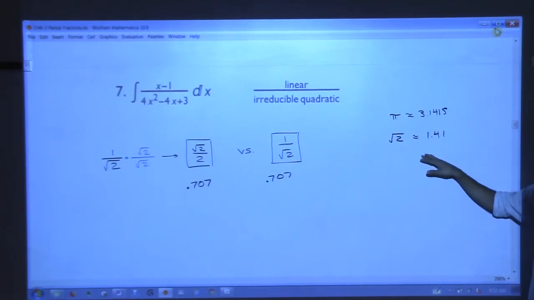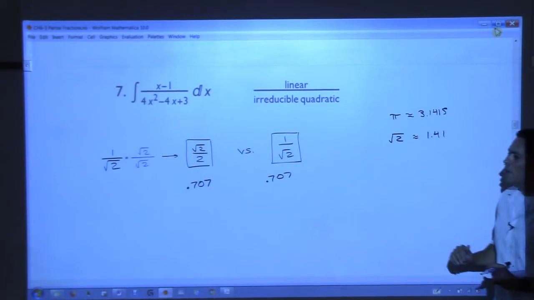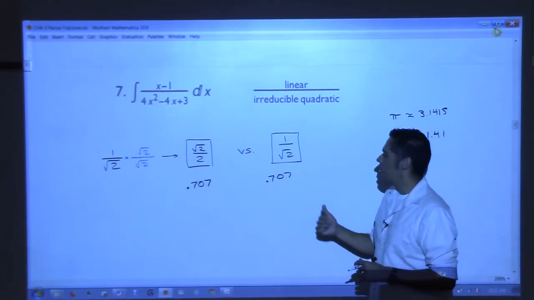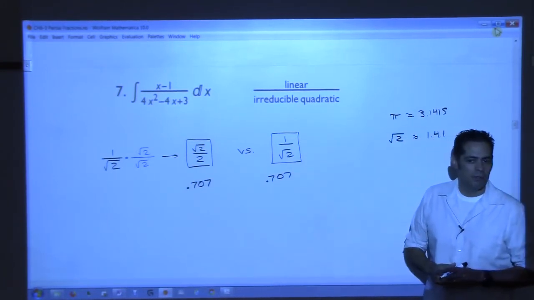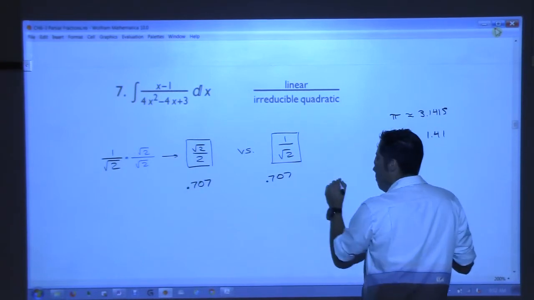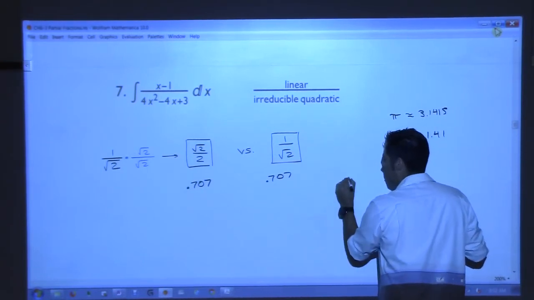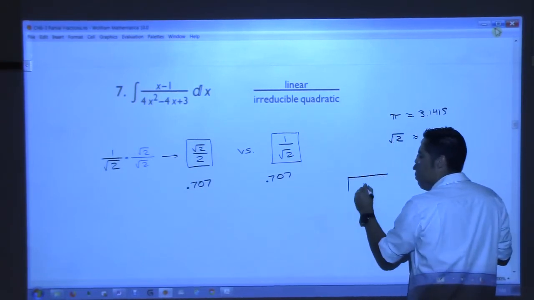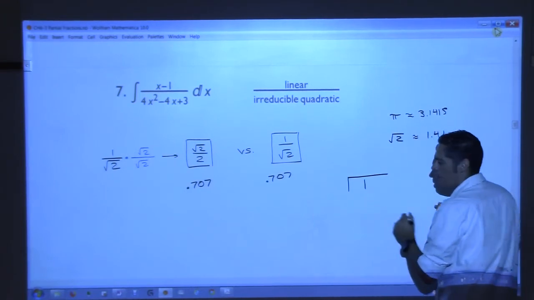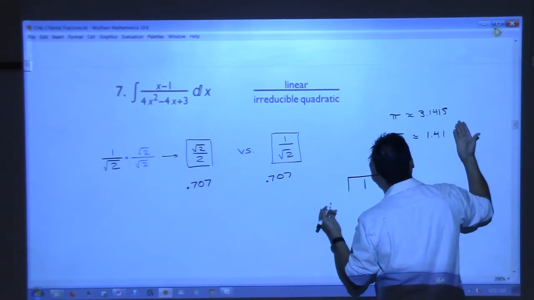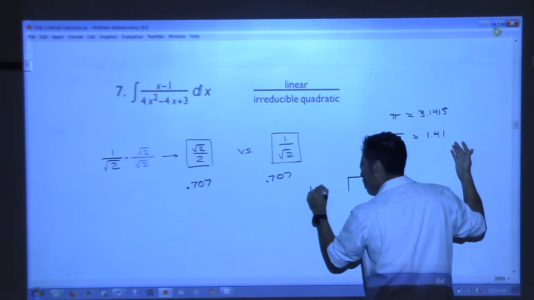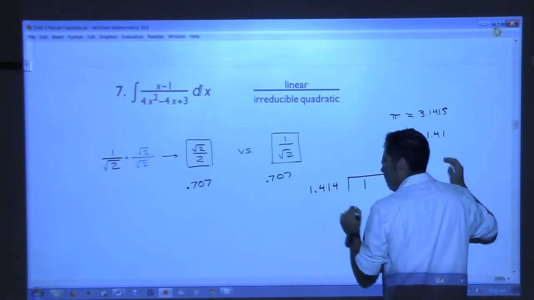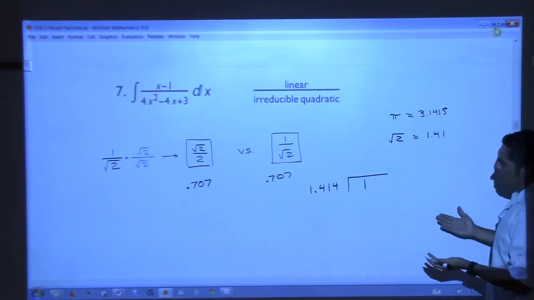Now, you're one of these people without a calculator, and you've got to compute 1 divided by root 2. We have to do it by hand. So we put 1 in the division box, and then we put root 2 out here, which we'd have to have memorized. That's about 1.414. So how do I do that division?